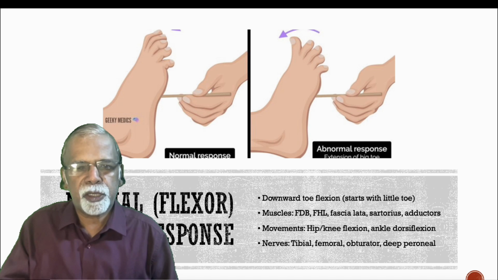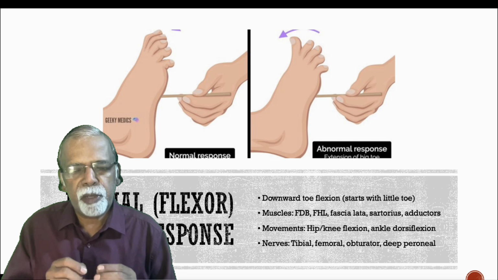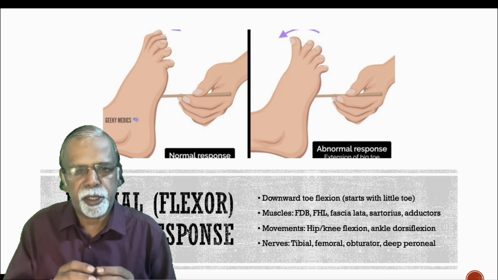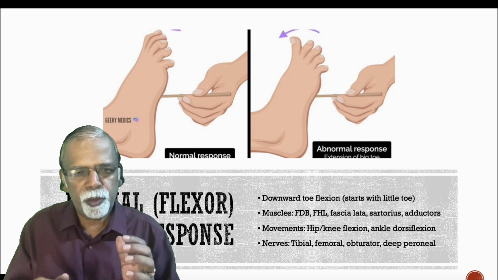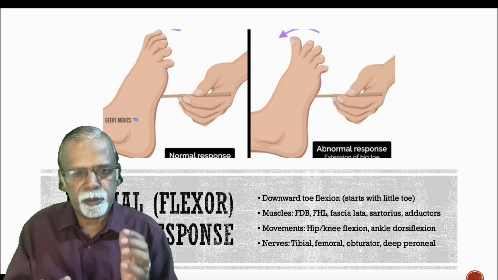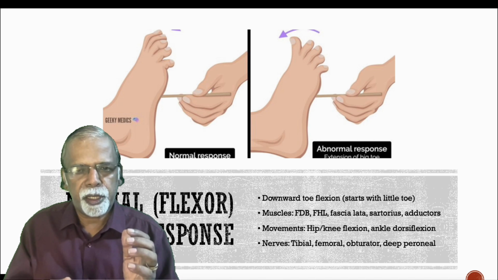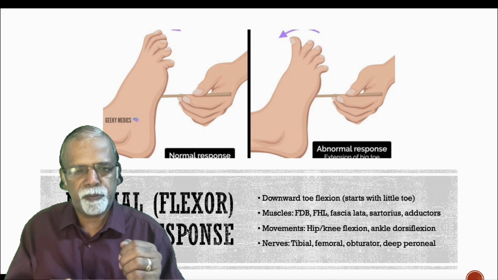Now the normal flexor response. With a minimal stimulus there is contraction of the tensor fasciae latae, followed by sartorius and adductors. The first movement you see in the toes starts at the little toe, which is flexed, the other toes are adducted, and finally the big toe gets flexed.